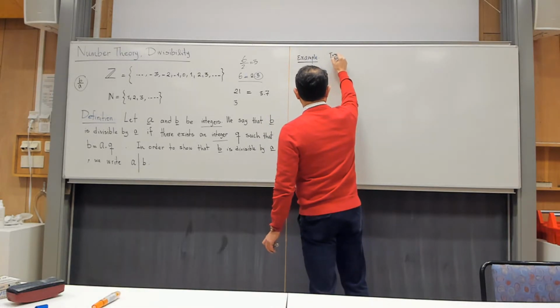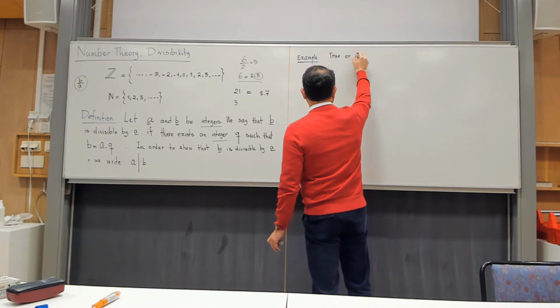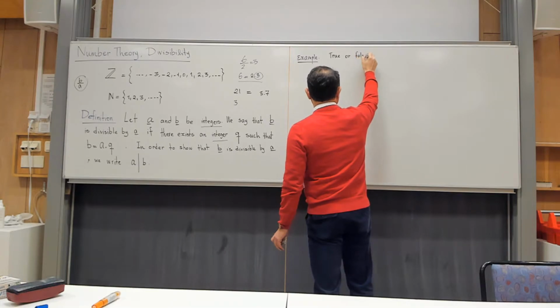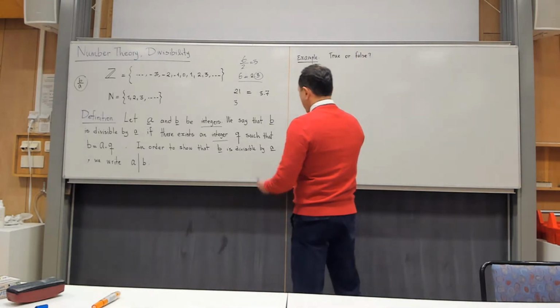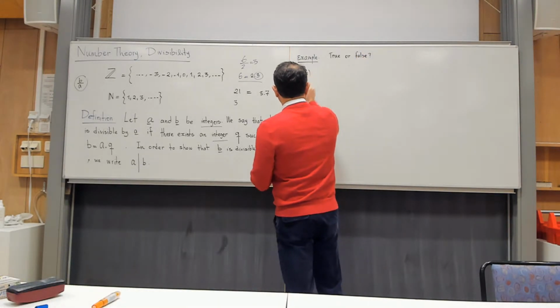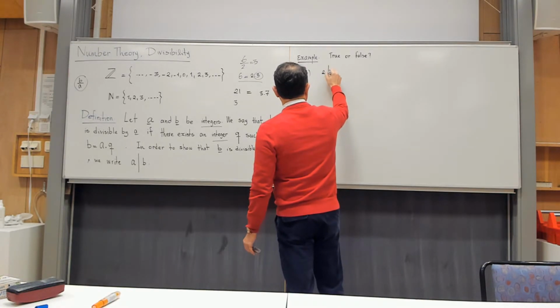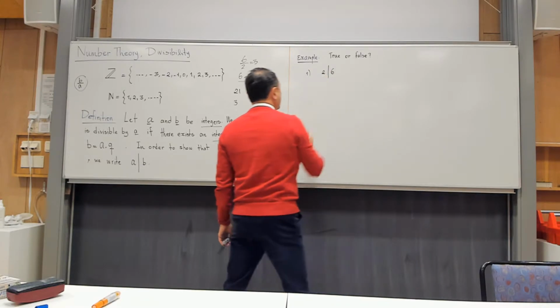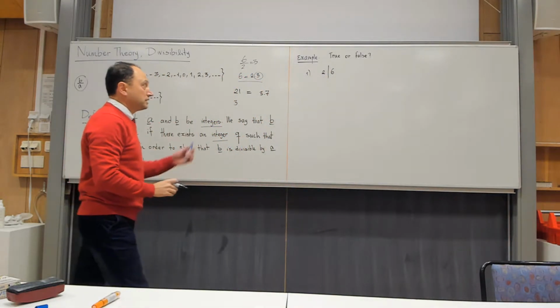true or false? Number one, let me just start this. 6 is divisible by 2. Is this true or false? It's true, but you need to write why.